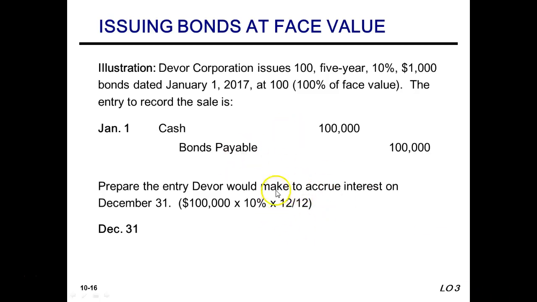And really, we don't need to use this 12 over 12. It's just because we held it for 12 months. So my journal entry is debit interest expense, credit interest payable, because we would pay it on the 1st of January. But this is 2017, and this interest expense relates to 2017. That's why we need the journal entry.